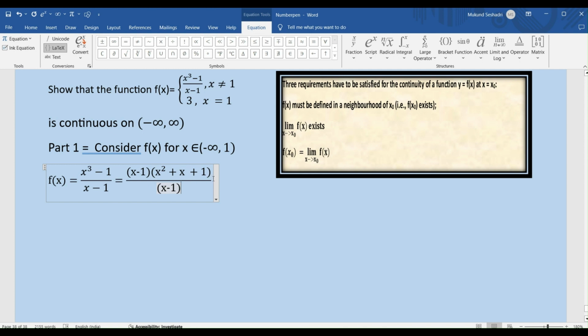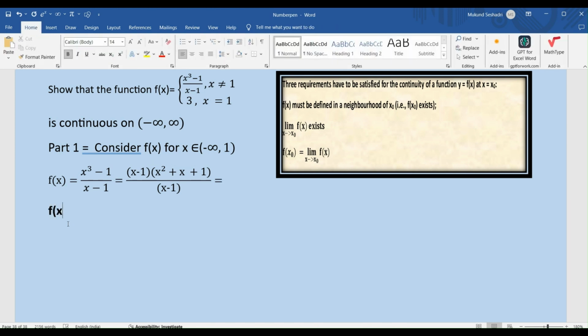And I know my x minus 1 and x minus 1 get cancelled. So I can comfortably say that this equation is x squared plus x plus 1, right? And let's move to the next line. I can call this x squared plus x plus 1.